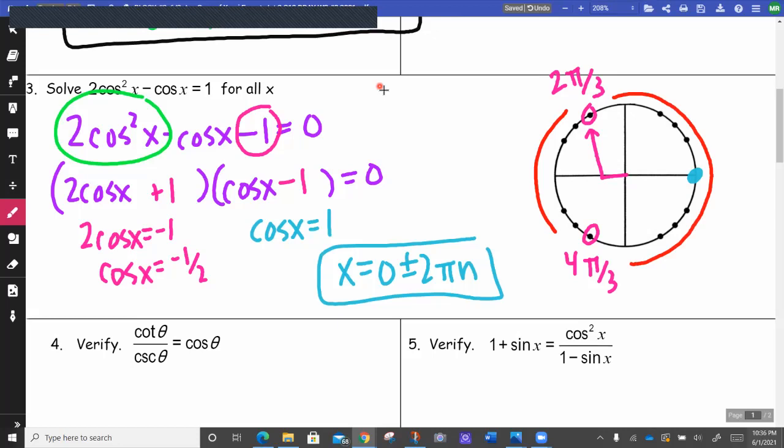So I can't take 2 pi thirds and add something to get 4 pi thirds and get back to 2 pi thirds. So I am going to have 2 pi thirds plus or minus 2 pi n, and I'm going to have 4 pi thirds plus or minus 2 pi n.